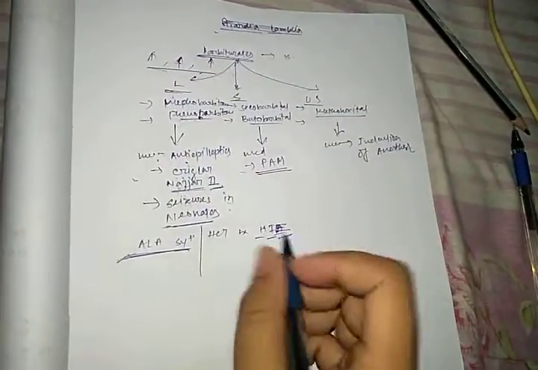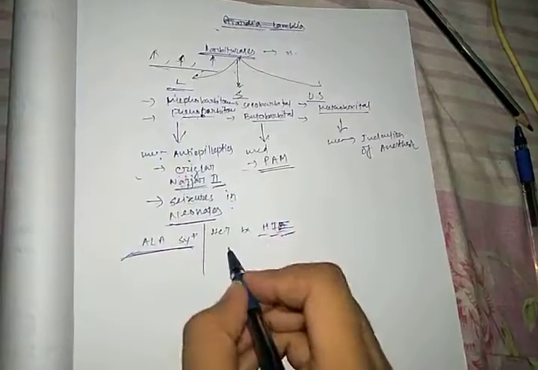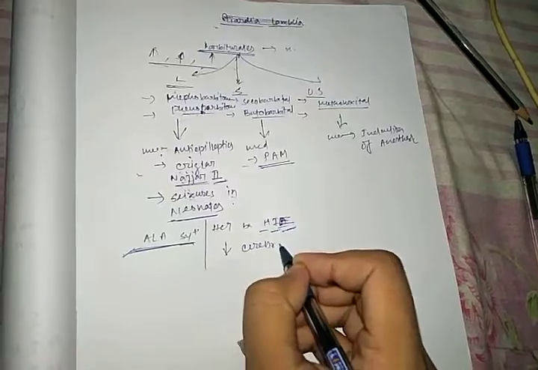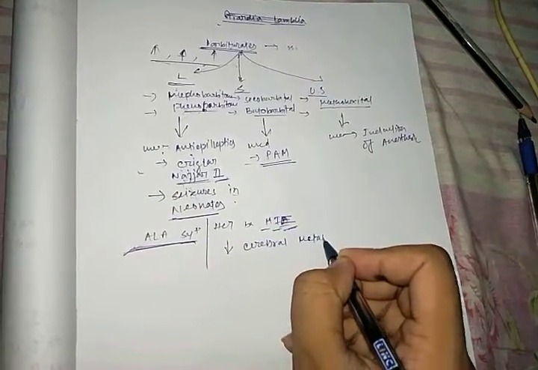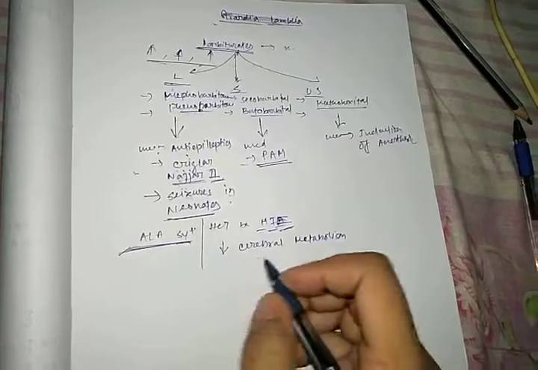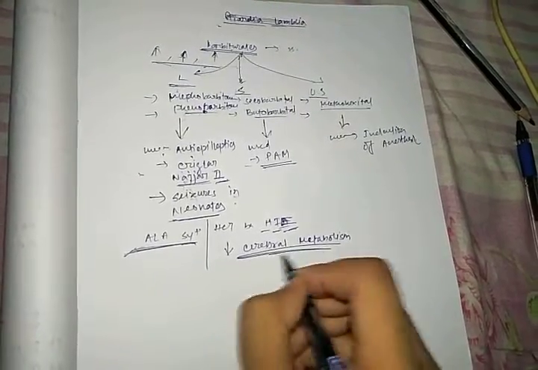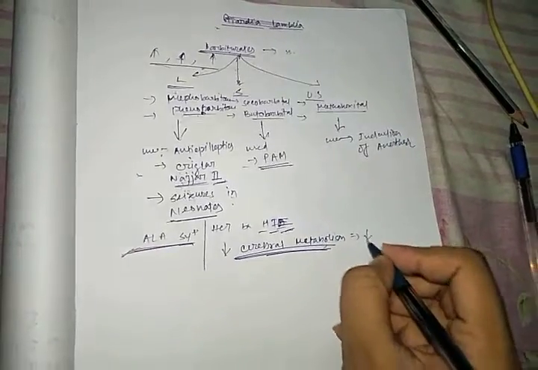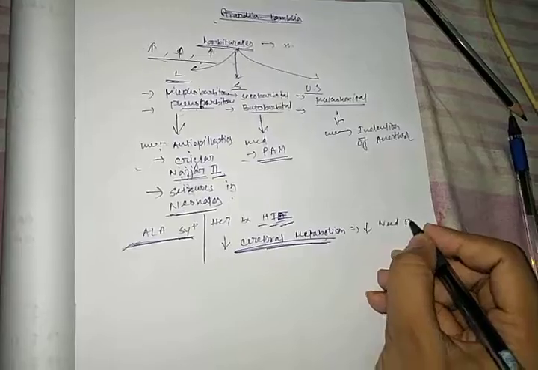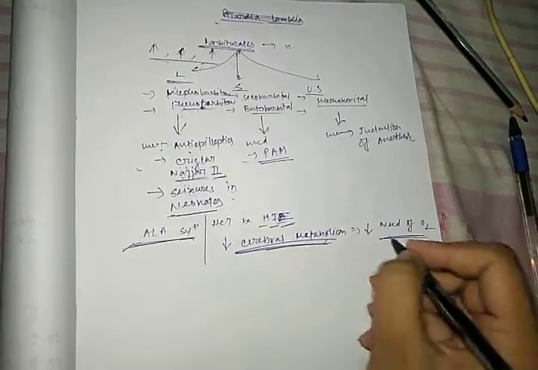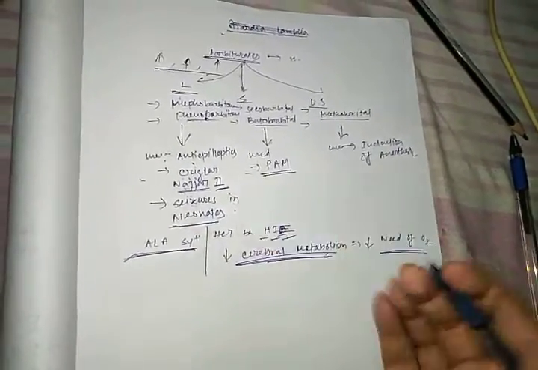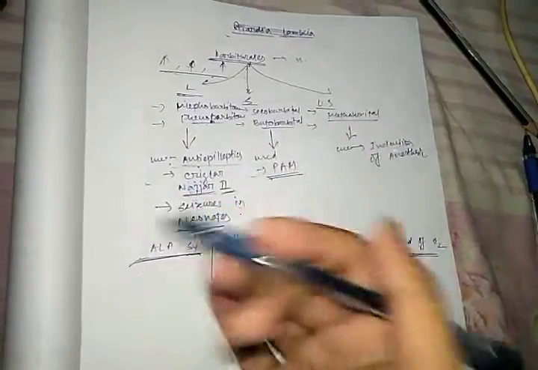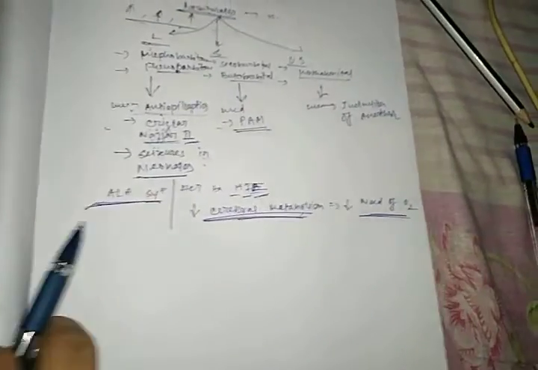Phenobarbital decreases the cerebral metabolism, right? That is why it is used here. A decrease in cerebral metabolism means a decrease in need of oxygen, and by this it is helpful in seizures in neonates. It is also used as an anti-epileptic, that is in case of status epilepticus, right?